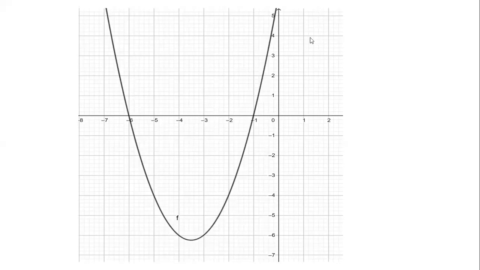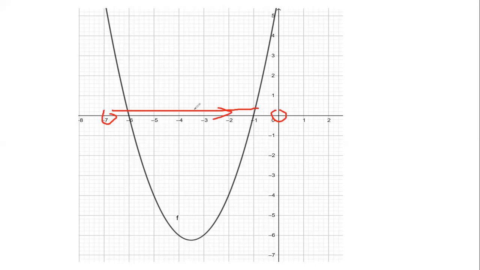Now go to the graph. You can see here in this graph, here is -7, here is 0, right? So x increases means x goes like this, left to right. What happened to the graph? The graph comes this way, and it goes like this, right?